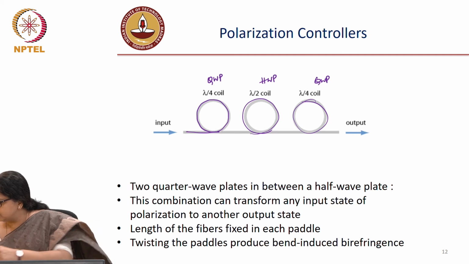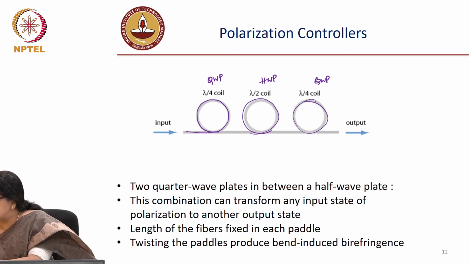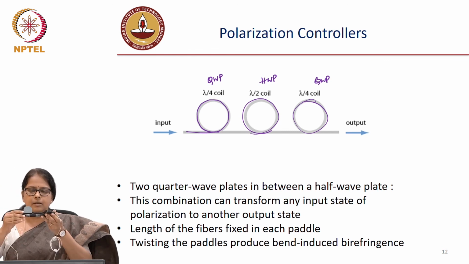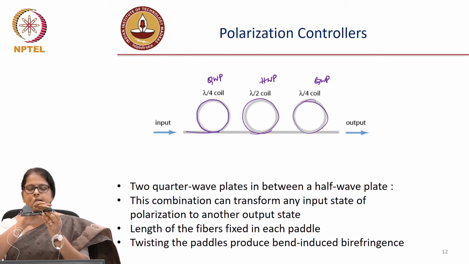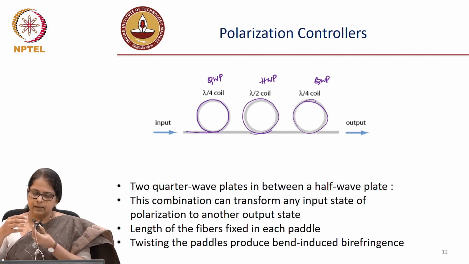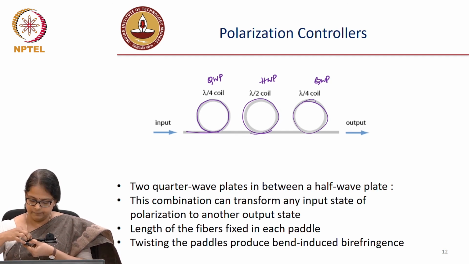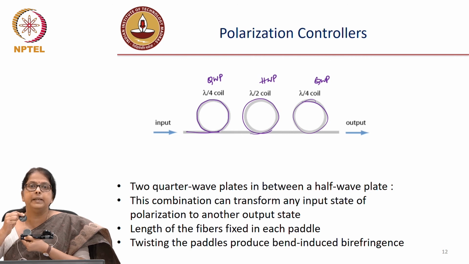So this is what a polarization controller actually looks like. You have these 3 wave plates. Inside this, if I open the screw, I will be able to show you that the fiber is kept bent.